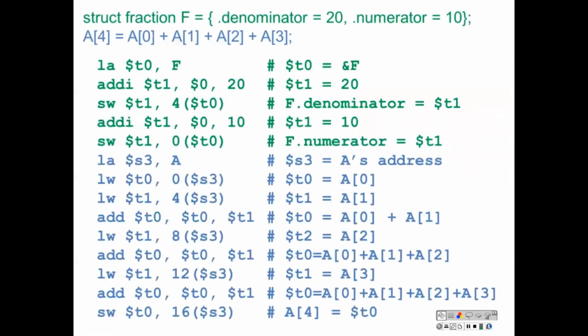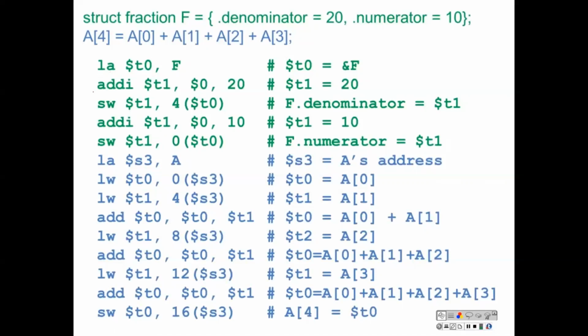Here I've rewritten the previous page, removing the declaration of the array and the struct, and compressing the initialization of the struct. So the first 5 lines of the assembly code here correspond with the initialization of the struct f with the denominator field of 20 and the numerator field set to 10. The first instruction loads the address of f into a register.